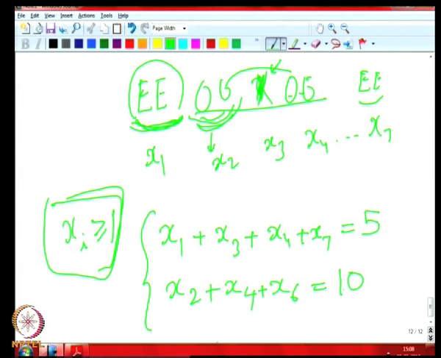Now, if xi was just greater than or equal to 0, counting how many possible ways we can assign integer values to x1, x3, x5, x7 is easy, because we have seen that 5 is the value of r there, and the number of types is 4 here. So, 5 plus 4 minus 1, choose 5 will be the value.